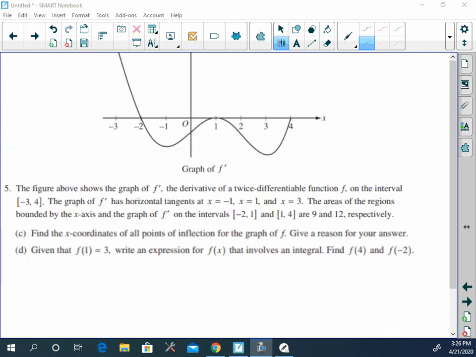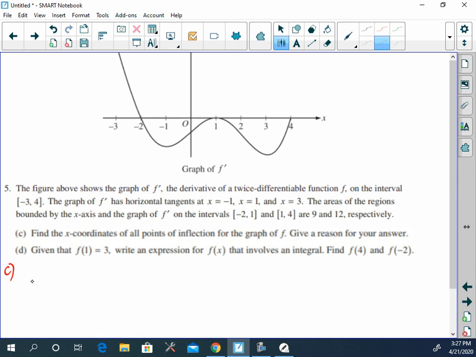All right, just got us a clean page here. So for part C, it says find the x coordinates of all points of inflection for the graph. Give a reason for your answer. So when it's asking for a reason for my answer, I'm going to write what I know about points of inflection.